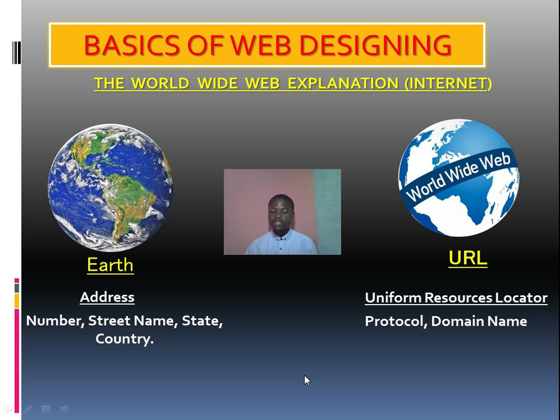Before anybody can visit you on Earth, they need your house address, your house number, your street name, your state and country. Likewise, I live in Nigeria. I'm a Nigerian, you understand? If somebody from the US is coming to greet me, the person needs the state I'm in. I'm in Lagos, Nigeria. So the person needs my house address and my number.